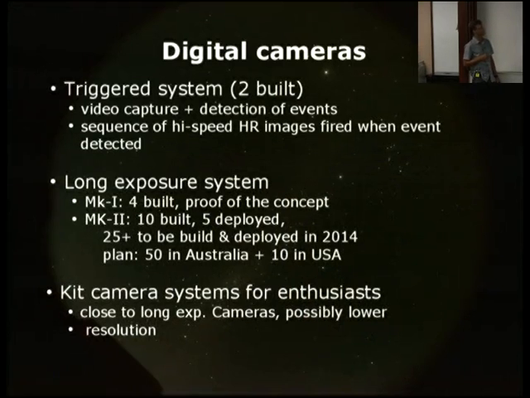So now I'm getting to the digital cameras. At the beginning, the idea was to build so-called triggered systems that would have a video capture card with continuously running detection of movement as the main optical telescope, and that would capture the beginning of the trajectory, and with some delay of less than half a second fire a sequence of high-speed, high-resolution all-sky images using the best available common off-the-shelf DSLR, which is the Canon 1D, the one used for sport photography.